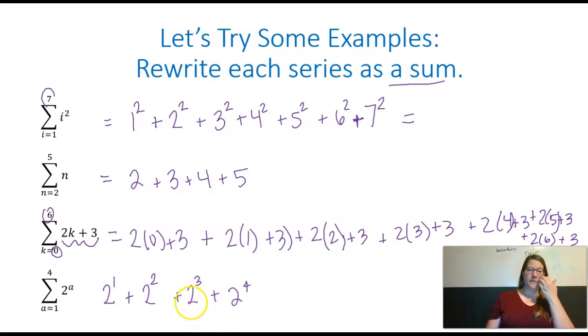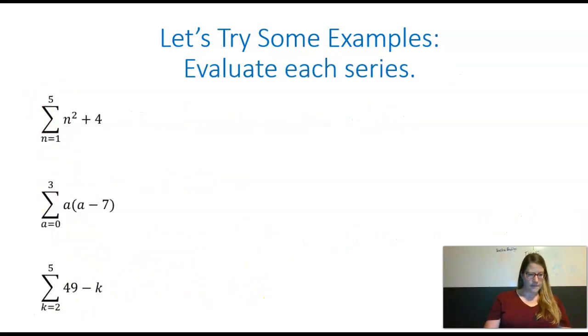So that's how summations work. That's how sigma notation works. It tells me I'm going to be summing up some numbers. I'm going to start at the bottom number and end at the top number. Just plug each number between those two numbers in and add them all together.